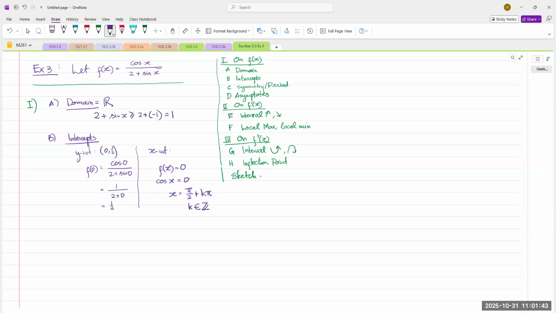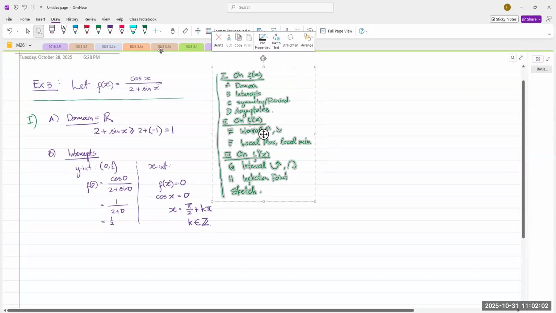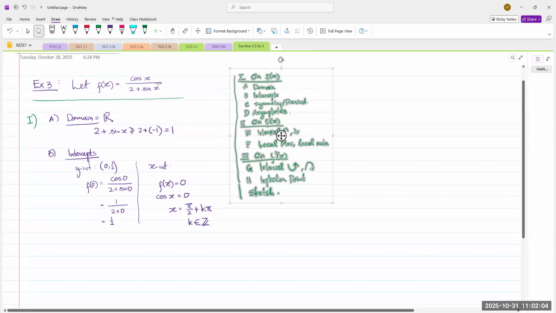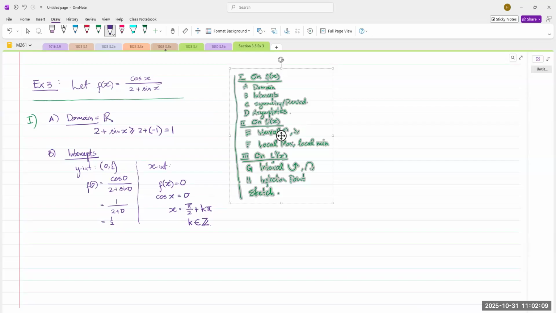So the x-intercepts will be (pi over 2, 0), (3 pi over 2, 0), and a lot more. I'll write it in more general terms: the x-intercept is (pi over 2 plus k pi, 0).